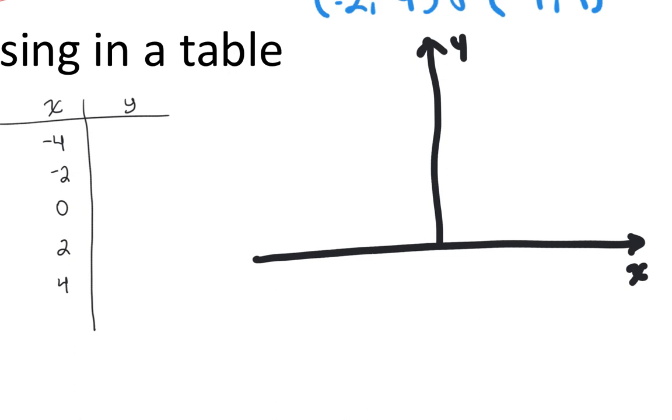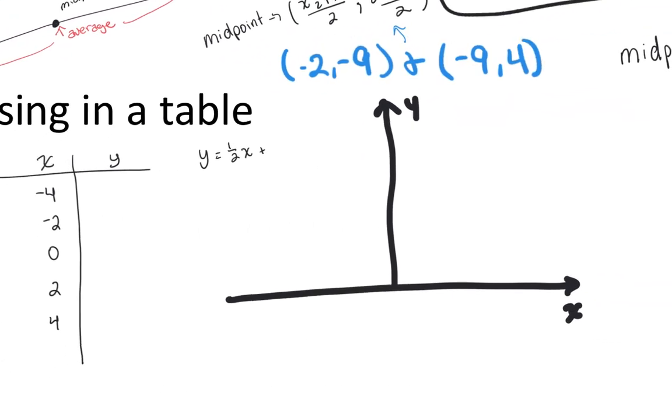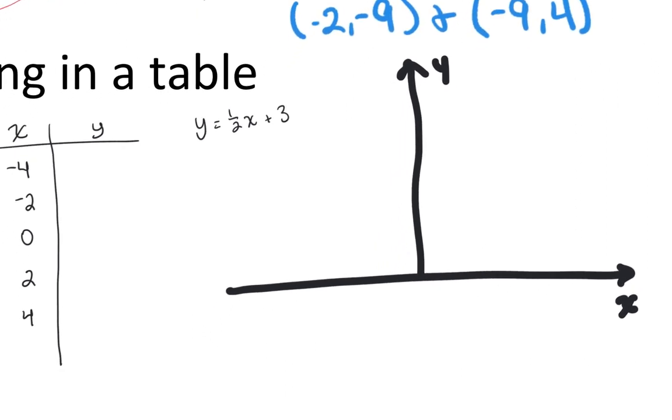Okay. So if we remember, our function was y equals 1/2 x plus 3. So now what I'm going to do is input these x's that I came up with here and put them in here and get a y value.